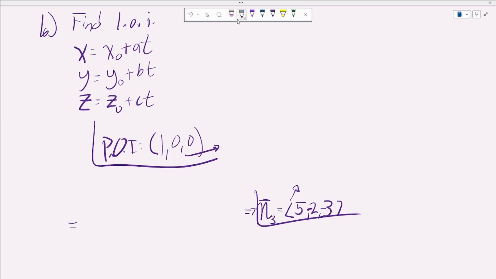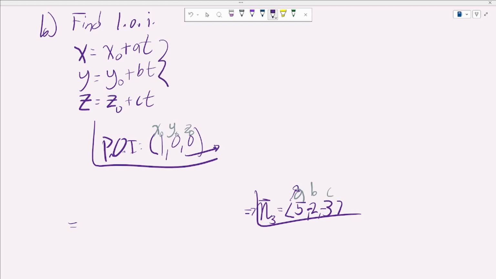So what are the points x naught, y naught, z naught, and a, b, and c? If we look at our point of intersection on our line, that's going to be our x naught, y naught, and z naught. And then for a, b, and c, that's just going to be from our normal vector.